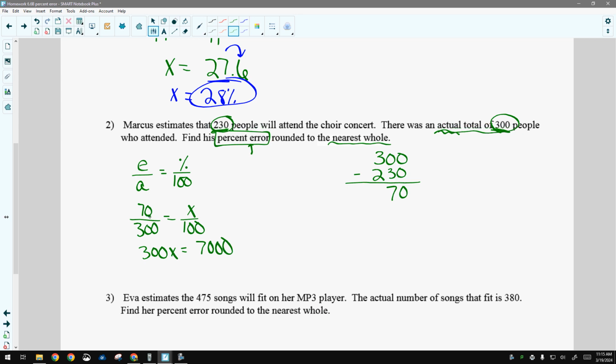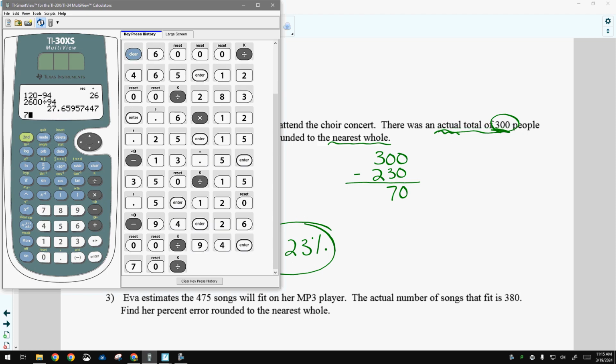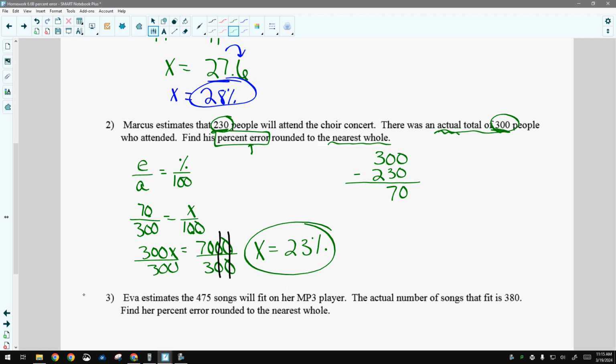Double check there, there's 3 zeros. And divide by 300. You can type in 7,000 divided by 300, or you can remember that if you have zeros in the numerator and denominator, they can cross out. In that case, it would be like dividing by 100. Either way, you're going to get x is equal to 23%. I don't know if that's rounded or not. 70 divided by 3. Yeah, 23.3. So that tells us to stay at 23.